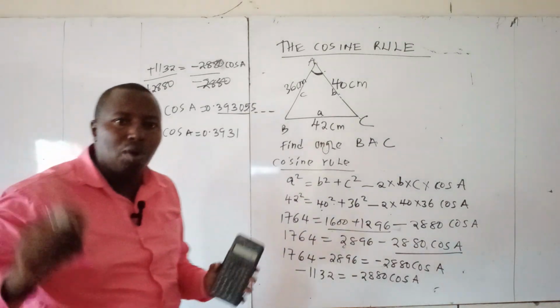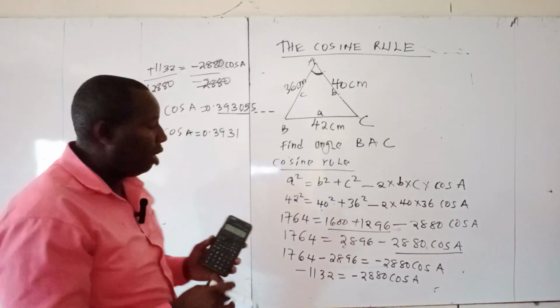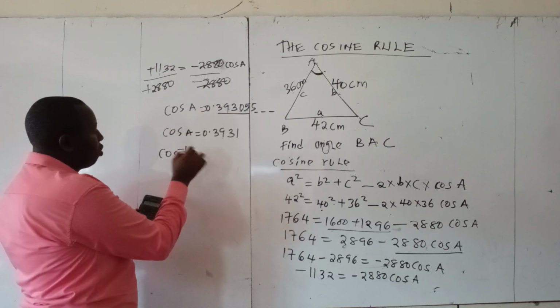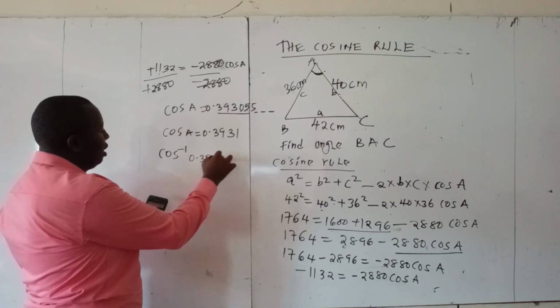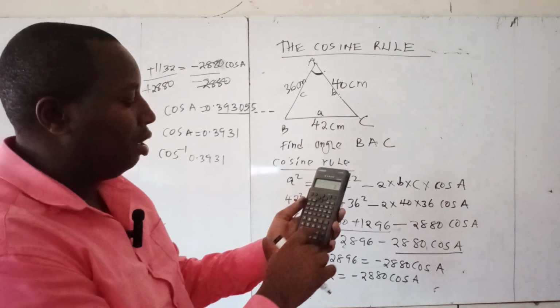Then, how do you work it out using your calculator? You take the cos inverse of 0.3931.